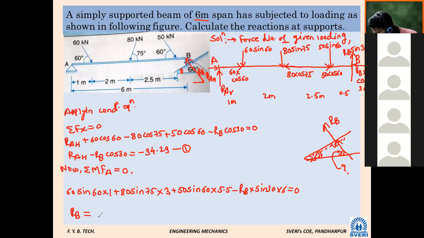Why are the answers coming different? Whoever is telling is correct. 173.98. RB is known to us now.